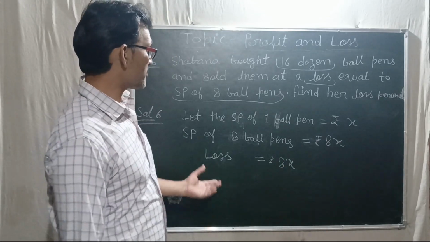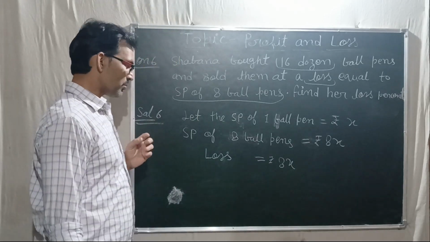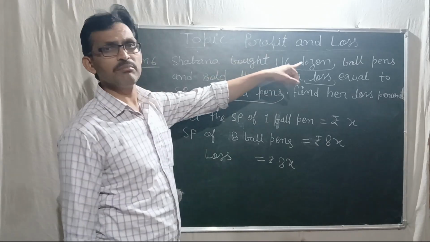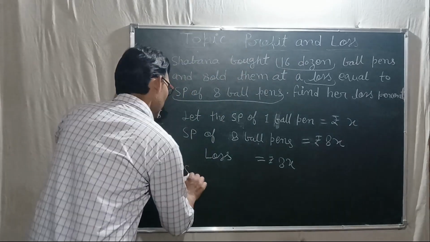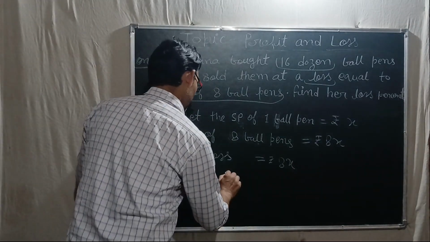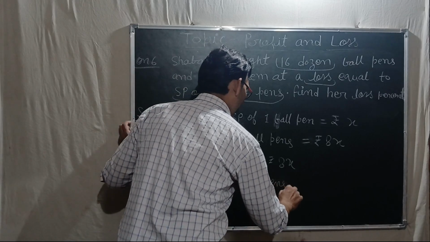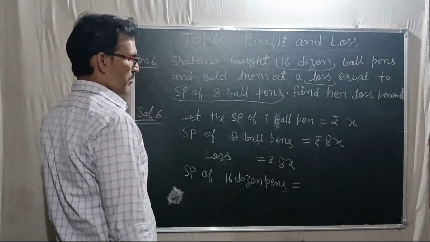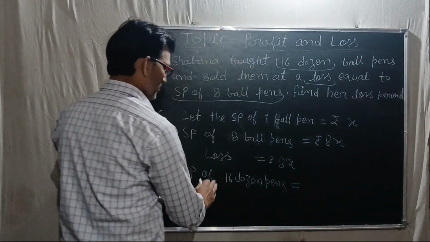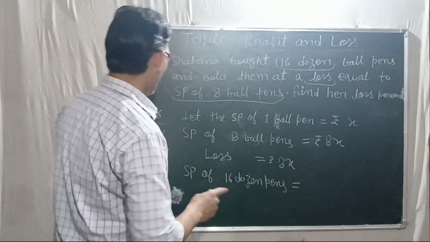We have to find the loss percent. For that we should know the cost price of the pens. So, students, we have to find the selling price of 16 dozen pens. The cost of one ball pen is X. So 16 dozen will be how much? 16 into 12, because 1 dozen equals 12.